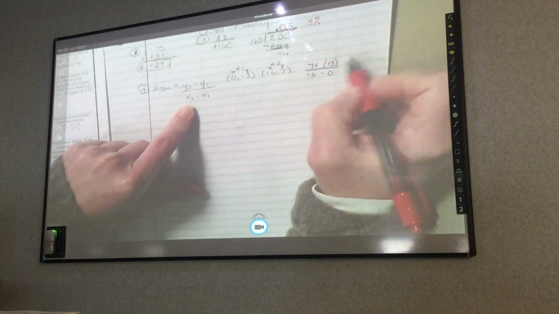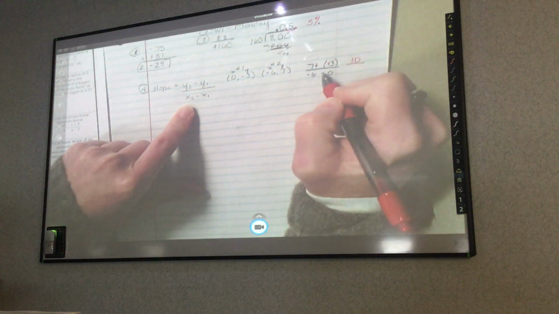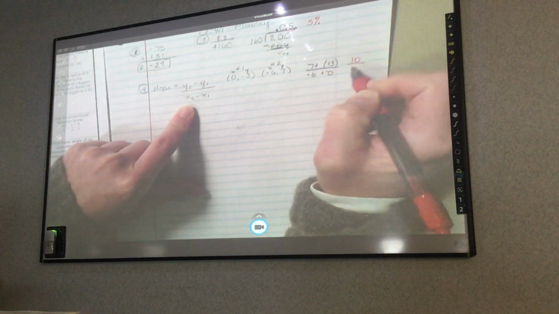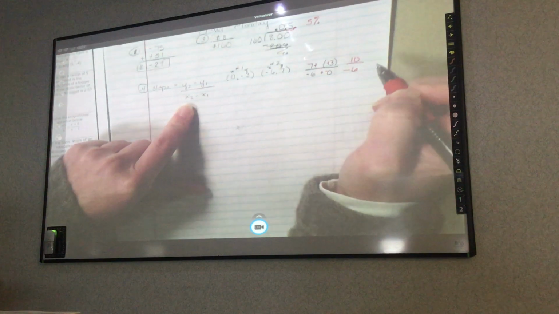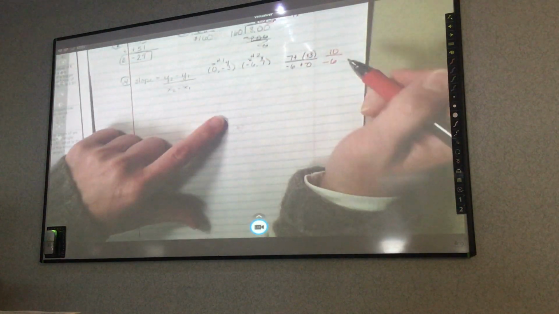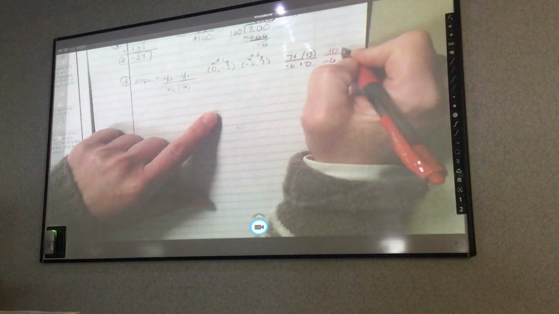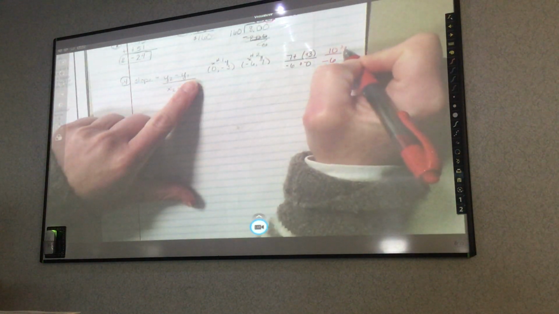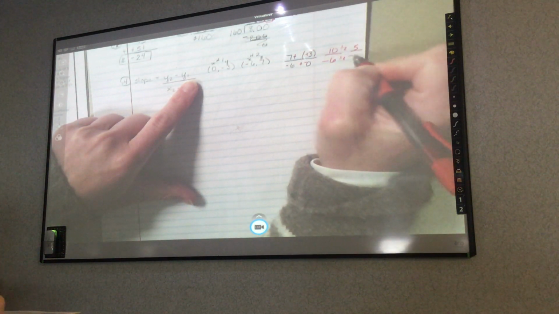So then 7 plus 3 is 10, over a negative 6. If you can reduce, you want to make sure you reduce. What can I reduce 10 and 6 by? 2. So I'm going to divide by 2, and I get 5 over a negative 3.